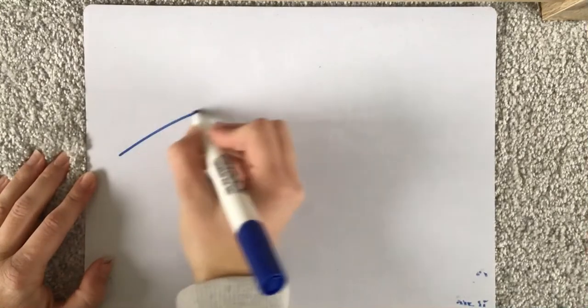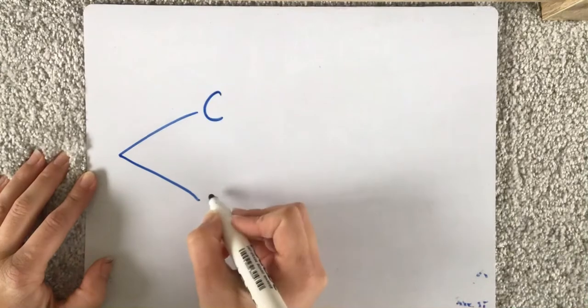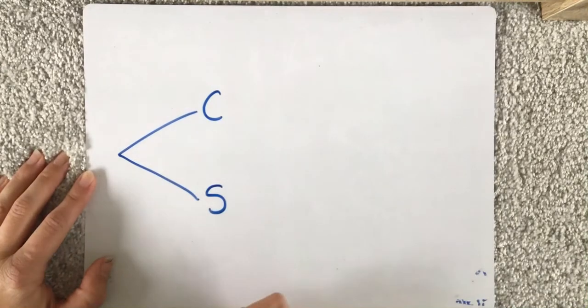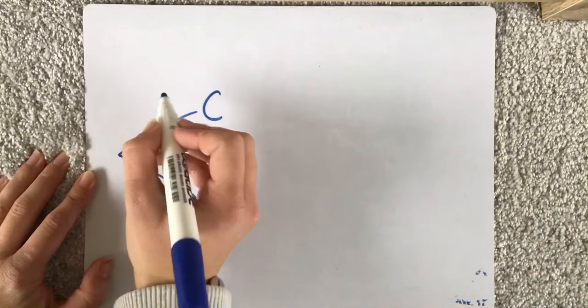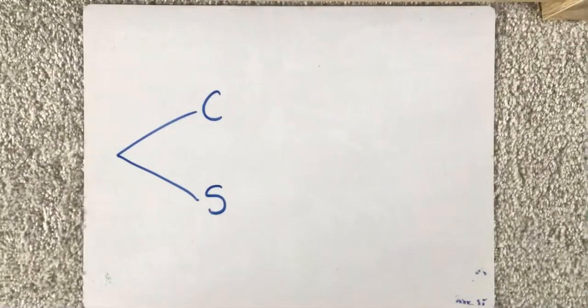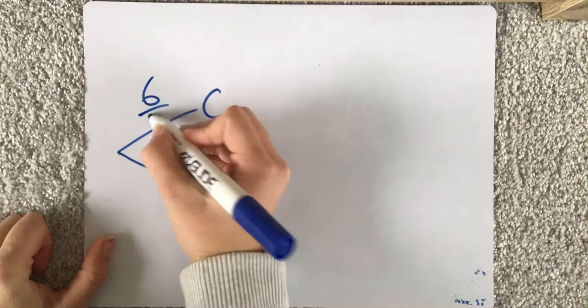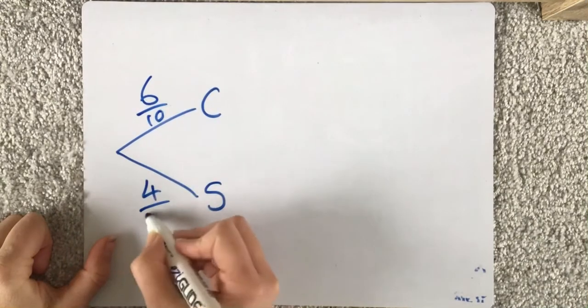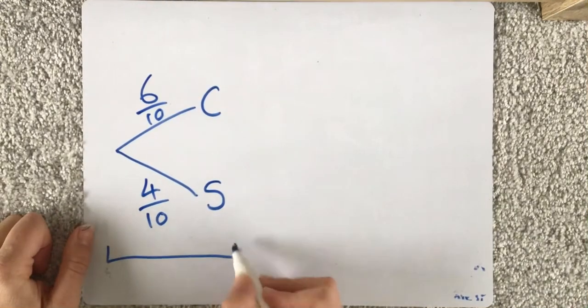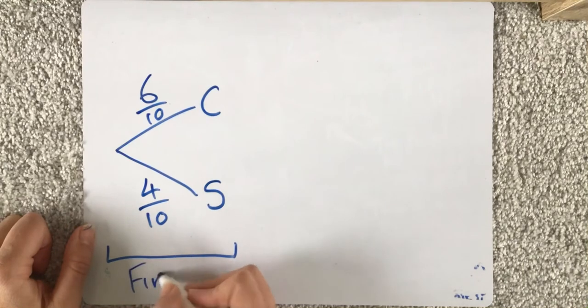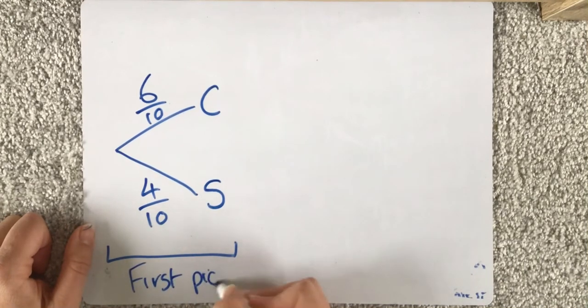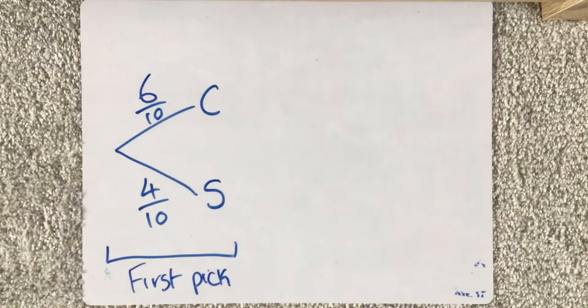So my first selection of cola or strawberries, I've got the probabilities that I had from before: 6/10 and 4/10. This is the probability of my first pick. Because if you imagine, I'm putting my hand in, I'm picking one out, and then I'm going to do it again. Now, as soon as I've taken one of these out, the probabilities will change.